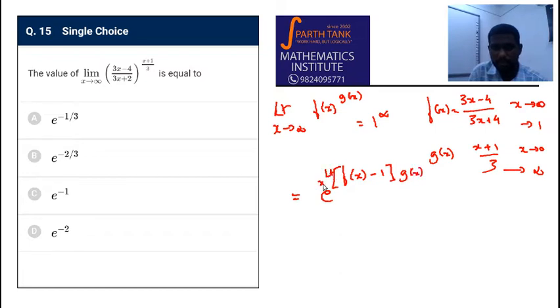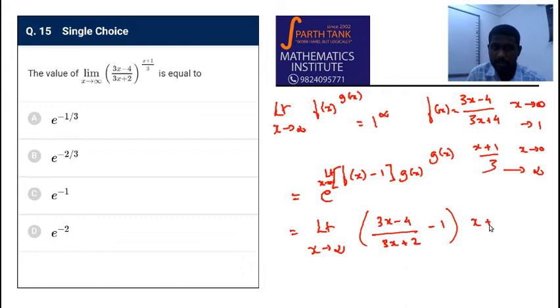Okay, so here let us do what is the value here? Limit x tends to infinity, f of x minus 1 is 3x minus 4 by 3x plus 2 minus 1 times g of x is x plus 1 upon 3.